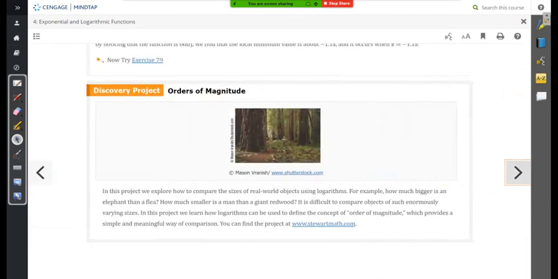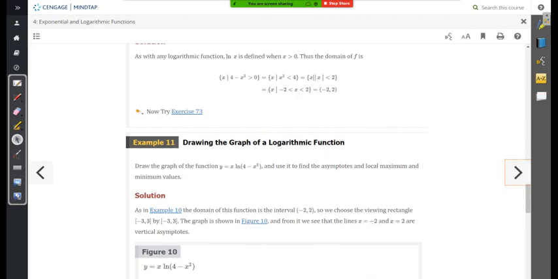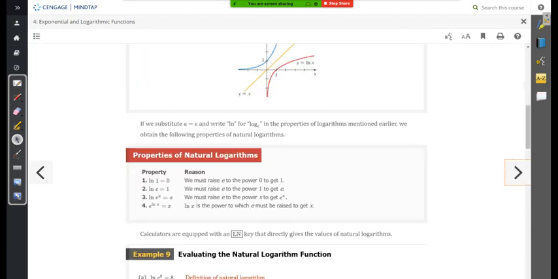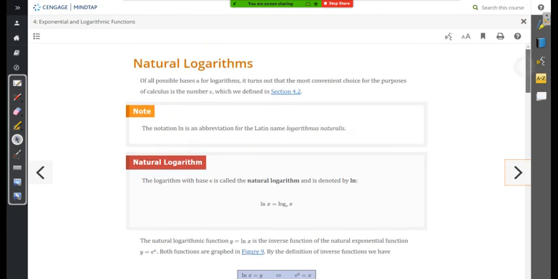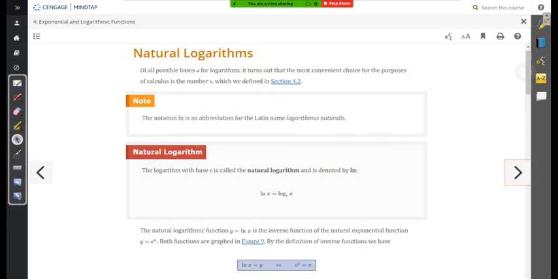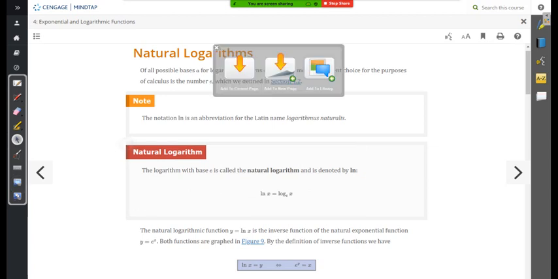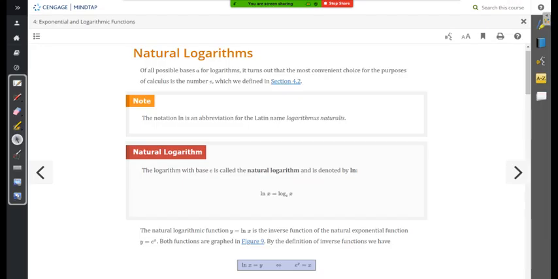Okay, so we had the common log. Pretty sure we're getting to the natural log. There we go. Next, we're going to talk about the natural log. We're going to put this first, and then we're going to put this note second.